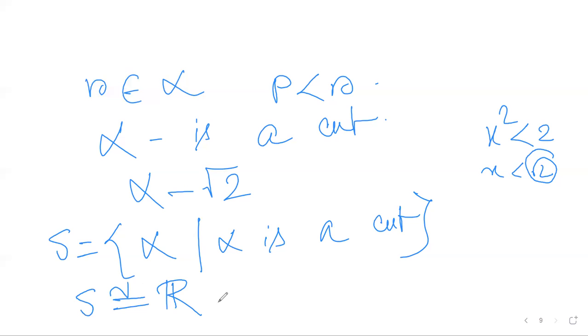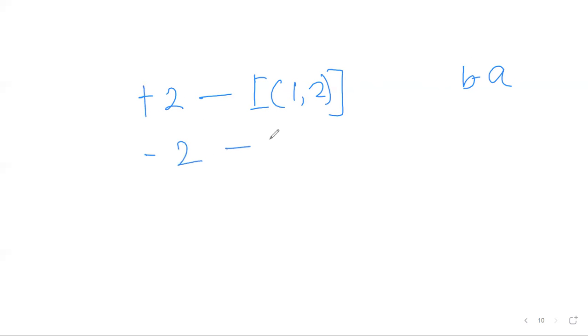We see already that, what is minus 2? Minus 2 is the equivalence class of (1, 2), right? That is b minus a. We saw in the previous lecture, 2 minus 1, so this plus 2 minus 2 will be my (2, 1).